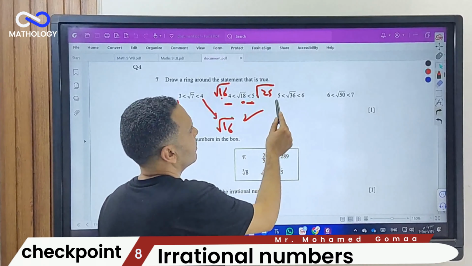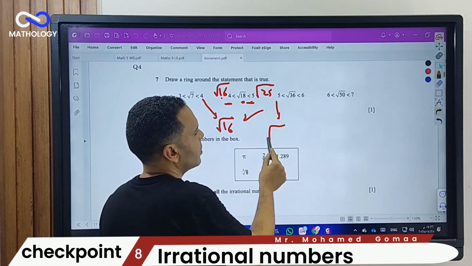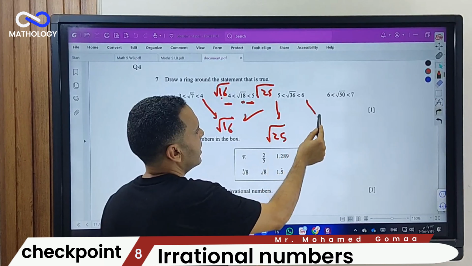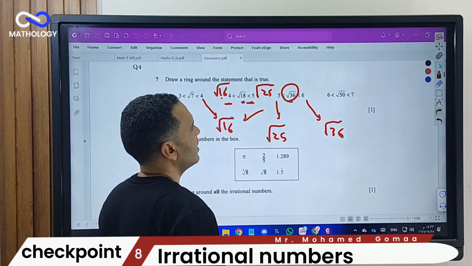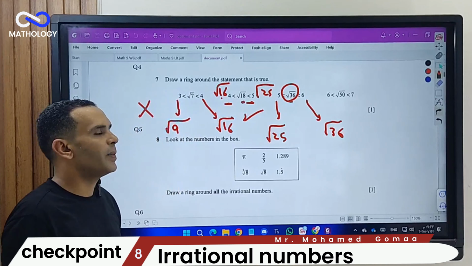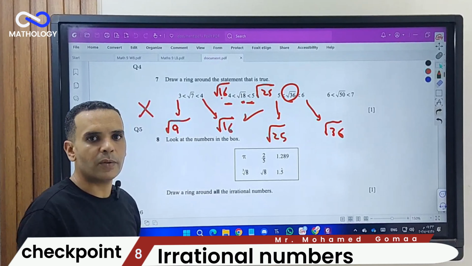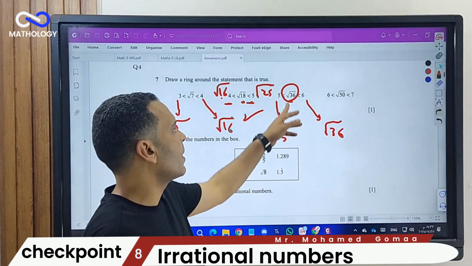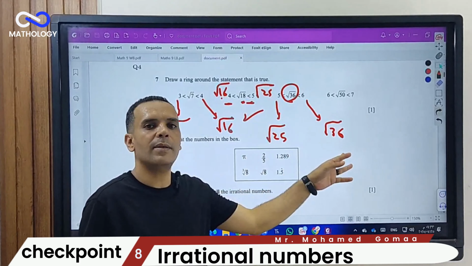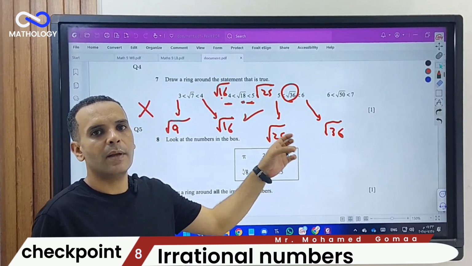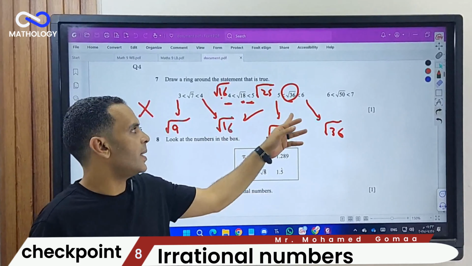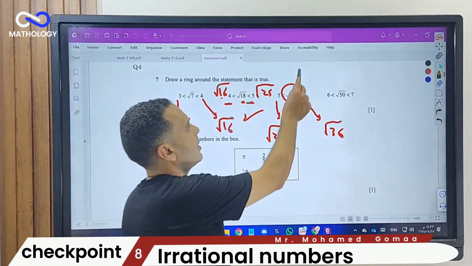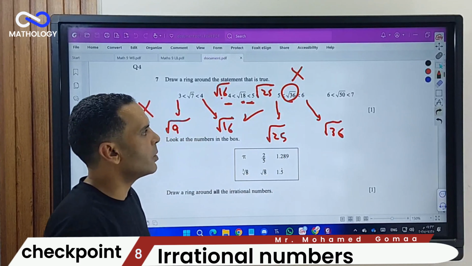This one: 5 is the square root of 25, 6 is the square root of 36. Does the square root of 36 lie between the square root of 25 and the square root of 36? Of course not. The square root of 36 equals the square root of 36, not less than it, it is the same. This statement is not true.